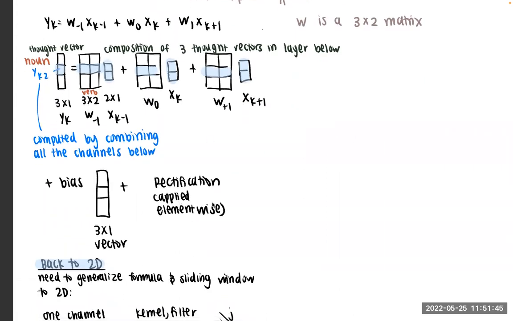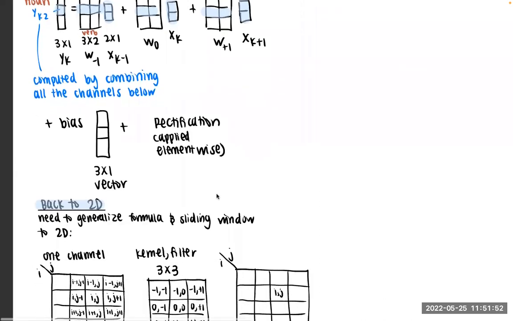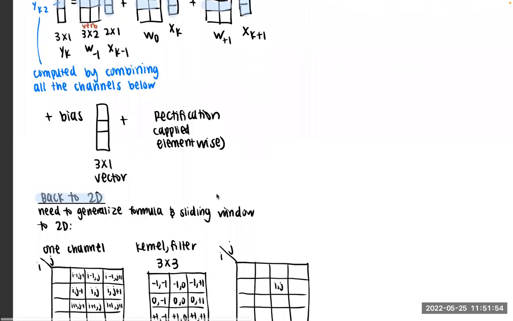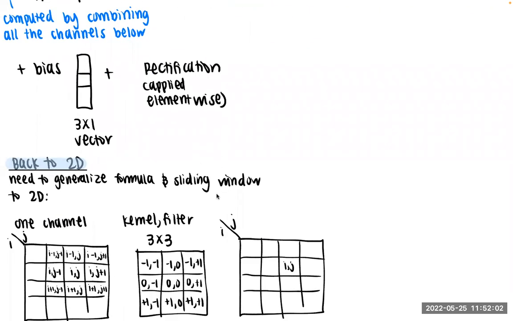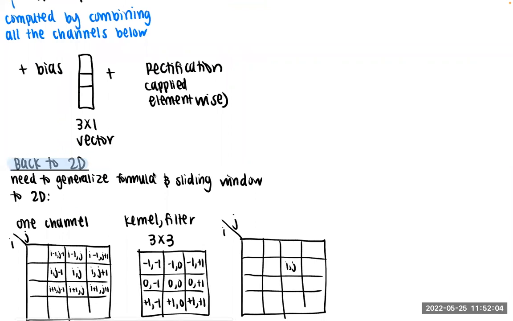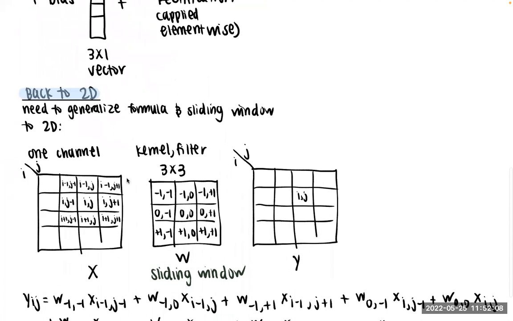With the above preparation, we are now ready to come back to the two-dimensional situation, which is the main scenario for applying convolutional neural networks. So again, we need to generalize the formula to 2D, and then we define the sliding window in 2D.